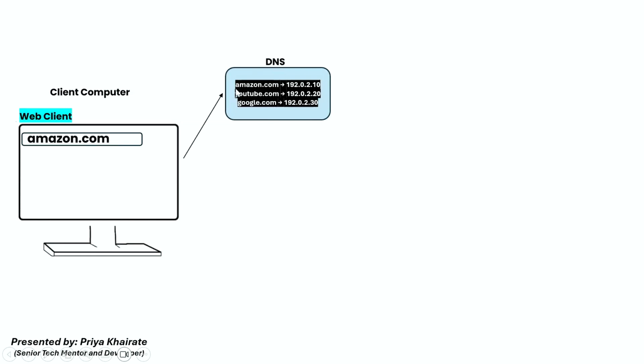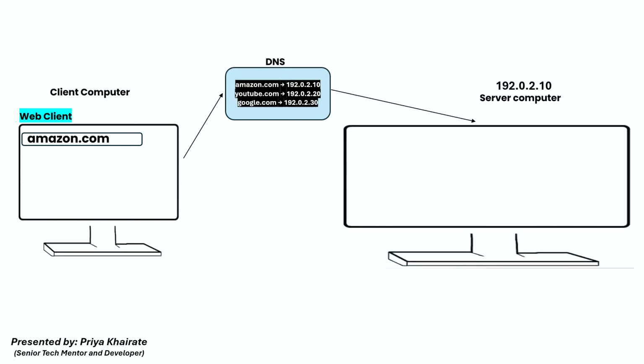It will check where Amazon.com is running, and it is running in this system. So the request will go to the same server system which has that IP address. The system which stores the data is what we call a server computer. The system which actually has the Amazon.com website running is what we call a server computer.